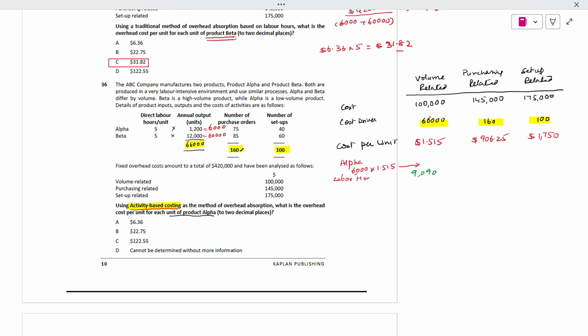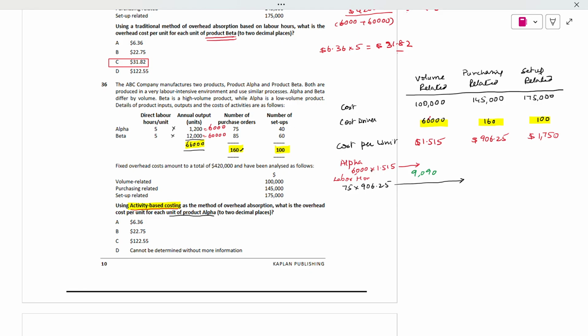How much is purchase related? Second one, okay? 75 times 906.25. It comes to how much? So then for each one we take our contribution and multiply it by the rates that we have. This is the difference between absorption and activity based costing.